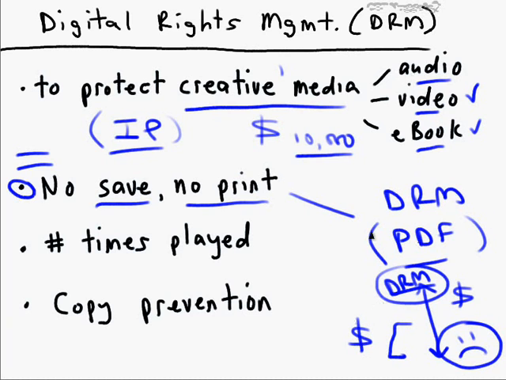With regard to audio and video licensing, you might have the piece of creative media stop after a certain number of times that clip has been played, and we also have copy prevention mechanisms. Now, some of you may be thinking, hardy har har, I have a friend or a relative or a colleague who knows how to get around all of these DRMs. And that harkens to what I said earlier in this nugget, that publishers aren't dumb.